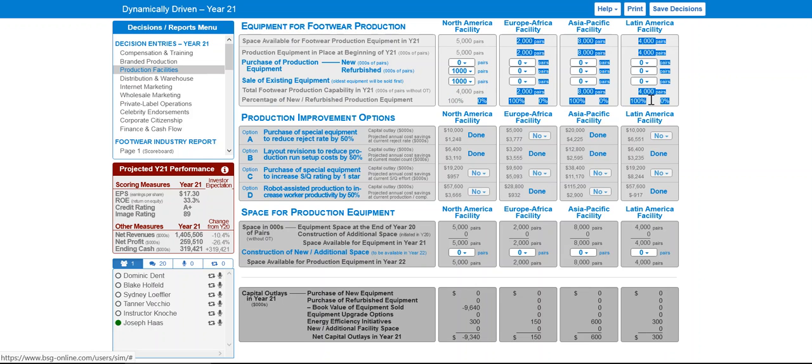And that was pretty much across the board. Most of our factories had mostly refurbished equipment. So over the span of about 3 years, I want to say, I changed it all over. And by year 16, year 17, every factory was running at 100% new equipment. And we were able to do that because we were bringing in a lot of cash.